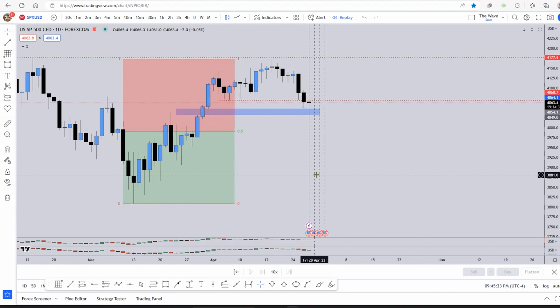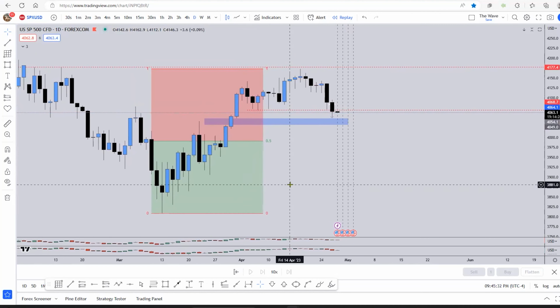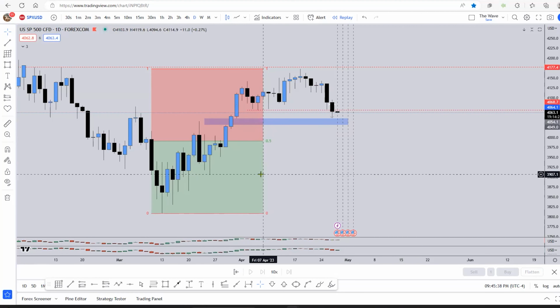Price wants to come back to a discount before it goes back to a premium, before it goes back to a discount, and it repeats over and over. So off of the daily swing up, bullish move, we're in a premium.